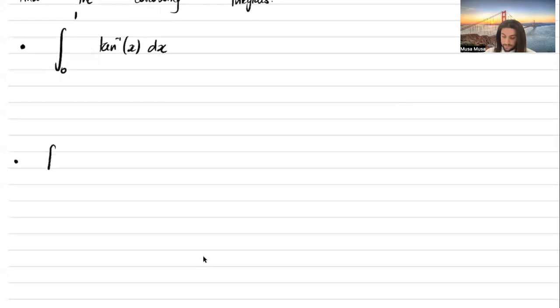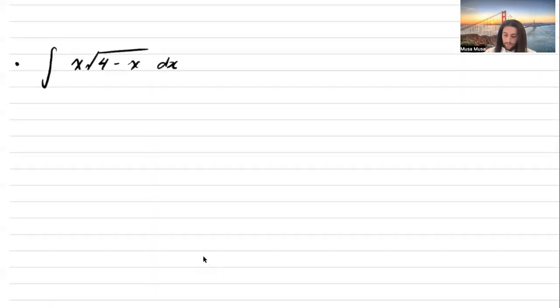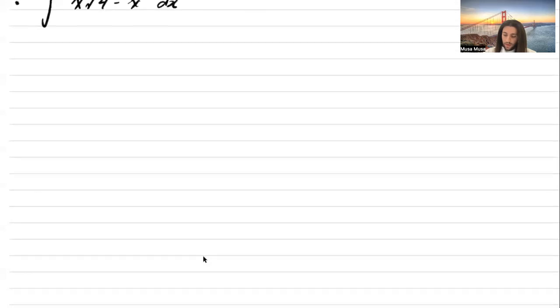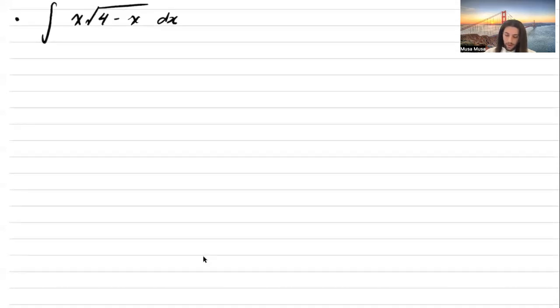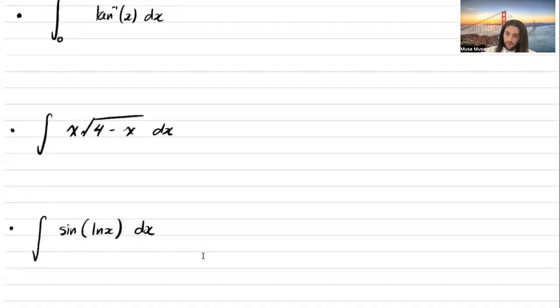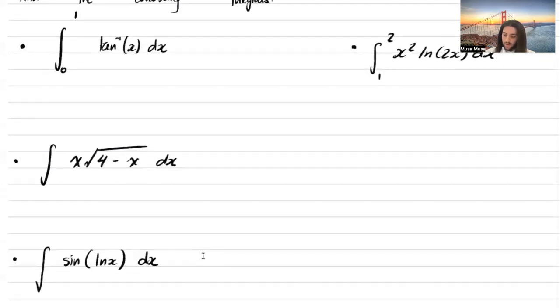How about this? And I'll give you one more. So let's do the integral from 1 to 2 of x squared ln of 2x. Okay, so pause, have a go at each of these, and then come back to me once you're ready.